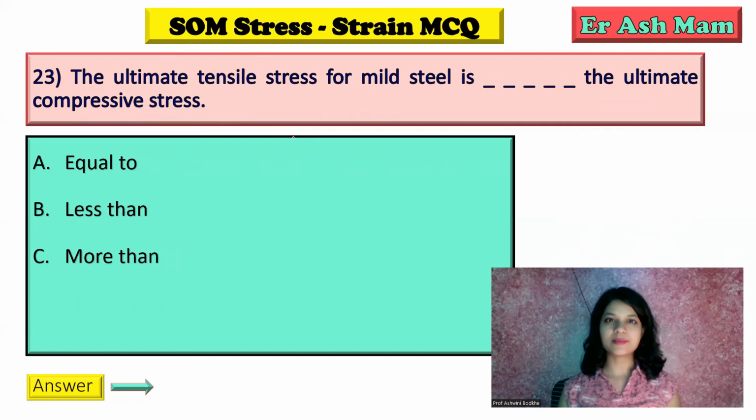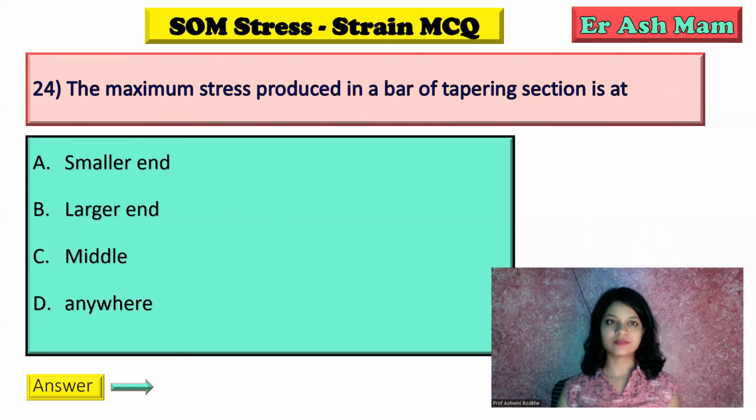Next is the ultimate tensile stress for mild steel. The ultimate tensile stress of mild steel is more than the ultimate compressive stress. Answer C is correct here.